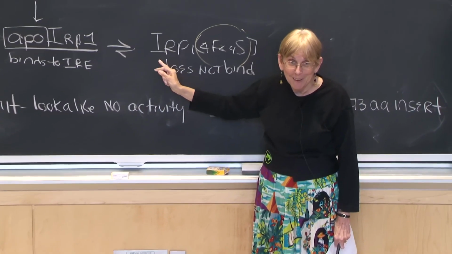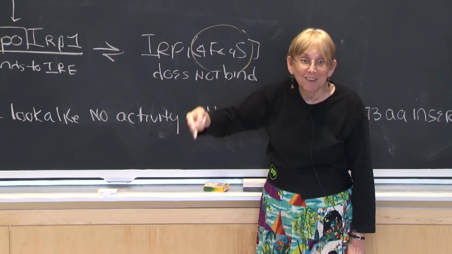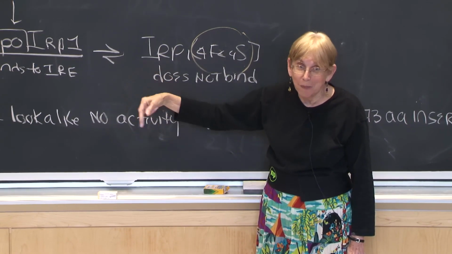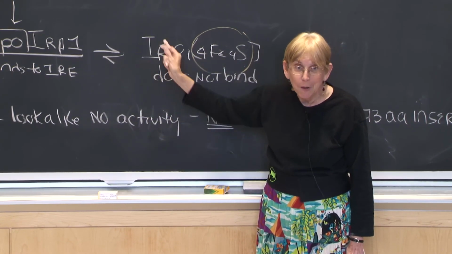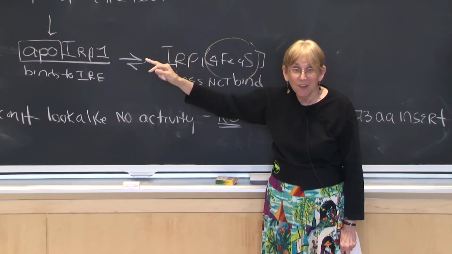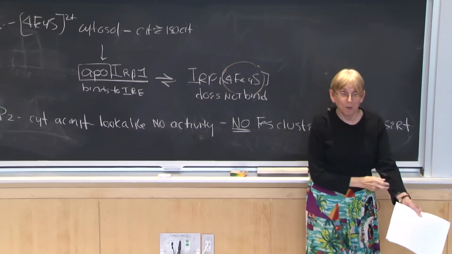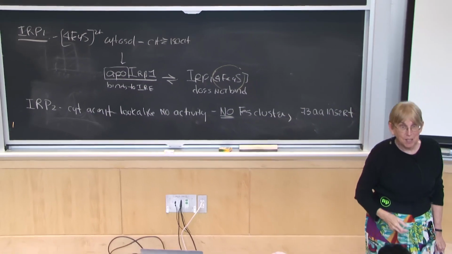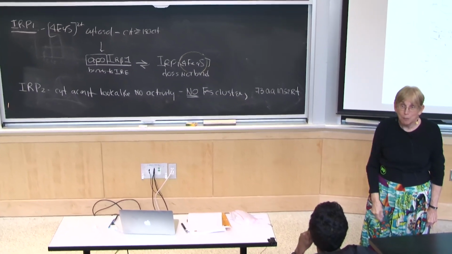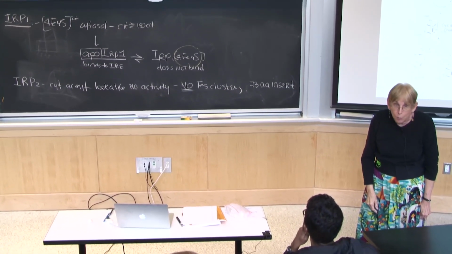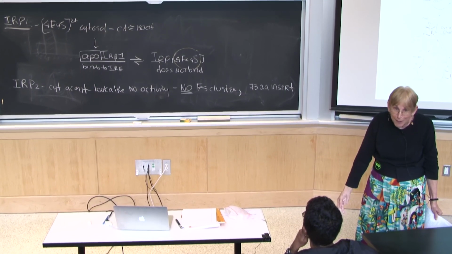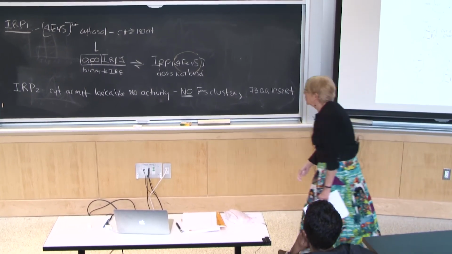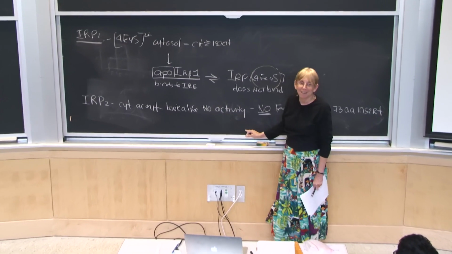Very complicated. At the end of the notes in this part of the lecture, you'll see what the model is. I'm not going to go through that. But how you assemble and disassemble, even though this model has been around for a long time, is only recently beginning to be understood. It's not trivial because there are 10 steps to assemble the 4-iron, 4-sulfur cluster. But here we don't even have any iron.